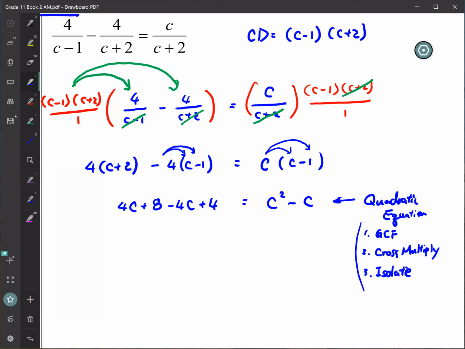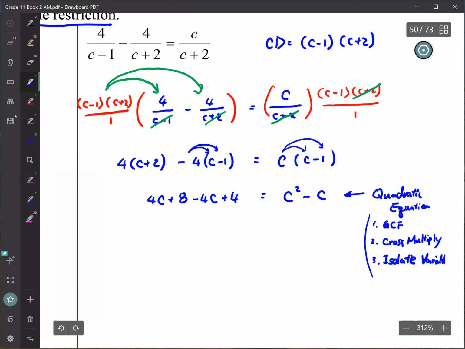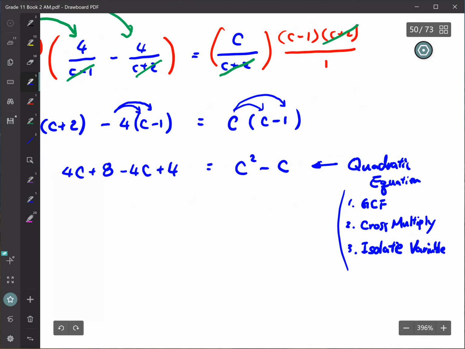I know it's been a while, right? Because this quadratic equation was, I think, the second topic we learned in the year. Isolate variable means the whole equation only has one x, right? Then you can isolate that.